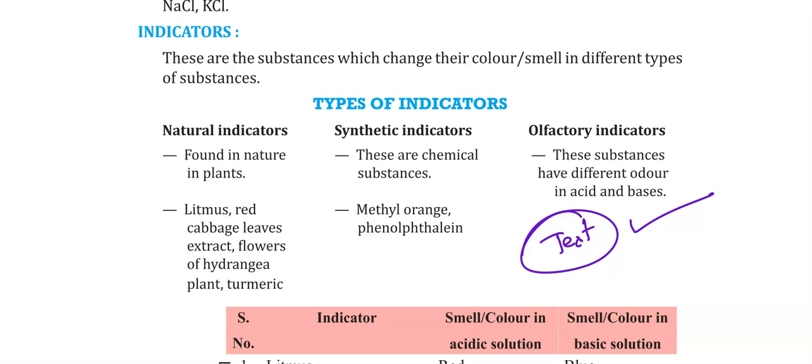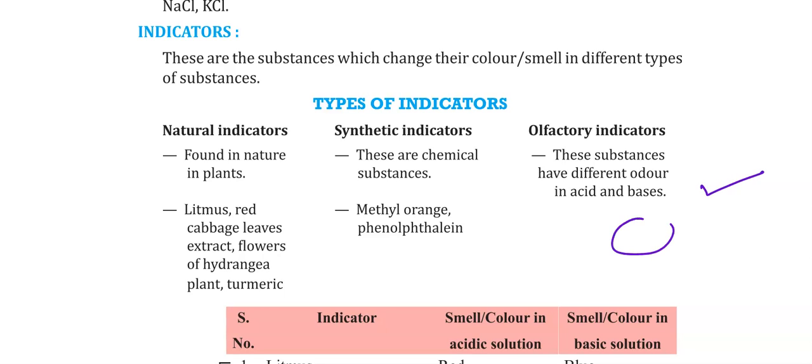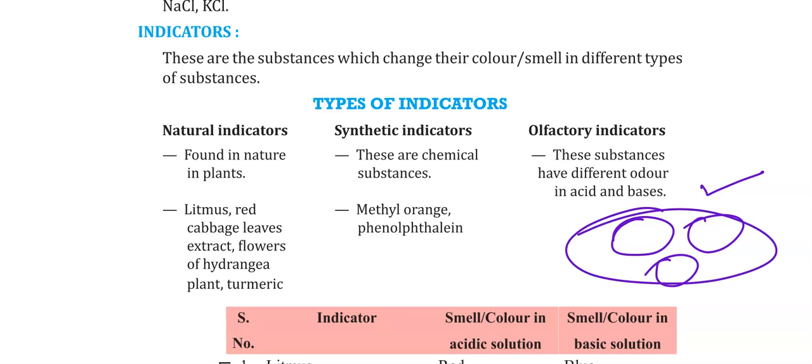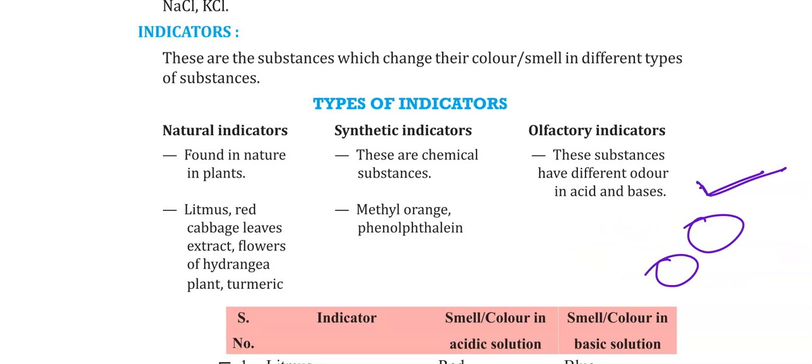Am I right? Good. Now you go to some shop to buy something. You see it, you feel it, you have some experience about it, and using all these you buy it. Here also we are doing the same thing. So indicators are substances which change their color or smell in different types of substances.